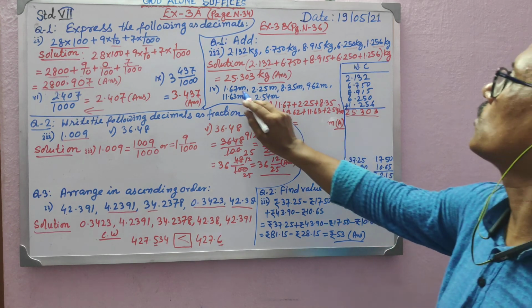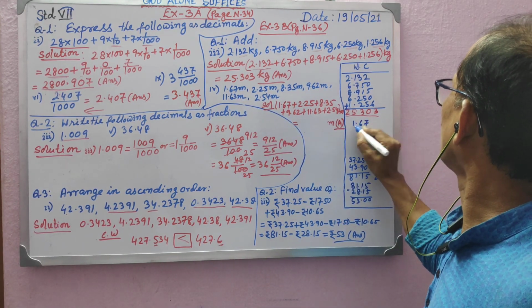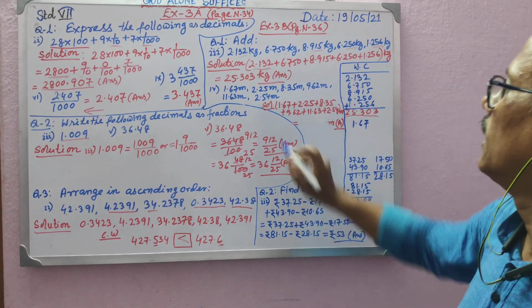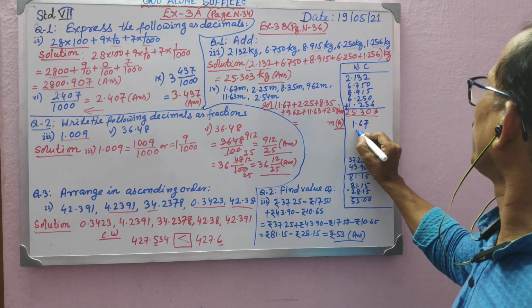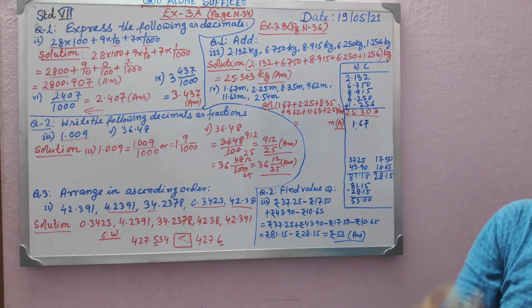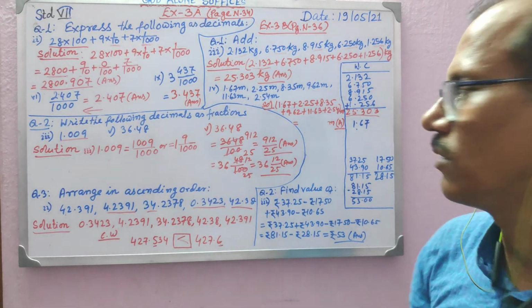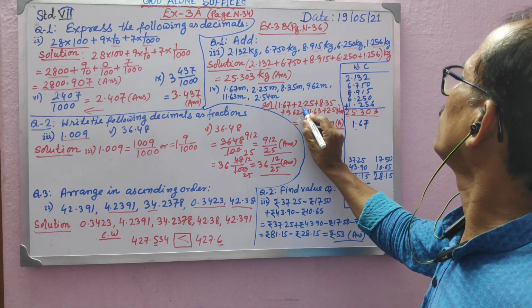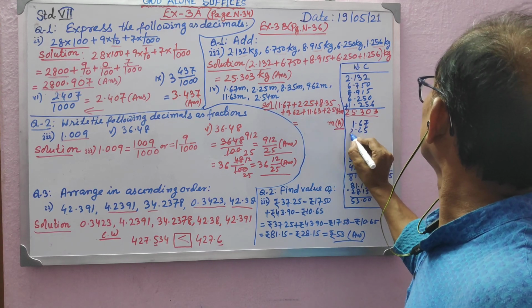So what you are supposed to do, you will write down 1.67. The first addend is written in the working column. Now for the next addend, to put the digits, you put the point first, so that you are aligning under the proper place value. Could you understand? So 2.5, 5, 2 and 5. Here is 2. Okay.